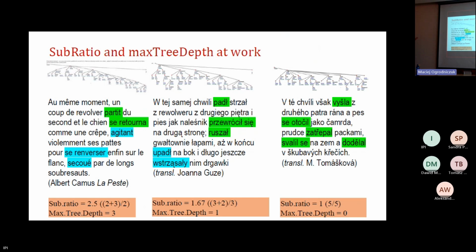But in comparison to Czech, which doesn't like too many embeddings and also doesn't have the converbs, the adverbial participles that Polish has, they are almost dead in Czech. So here you only have coordination. You have no subordinate clause. No blue here. So you have a much lower subordination ratio and max tree depth. We have 0 in Czech because there is no subordinate clause.